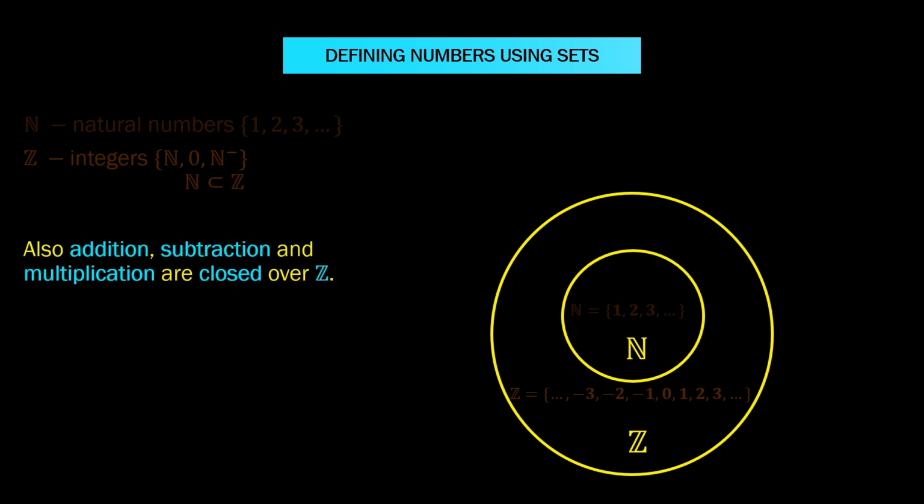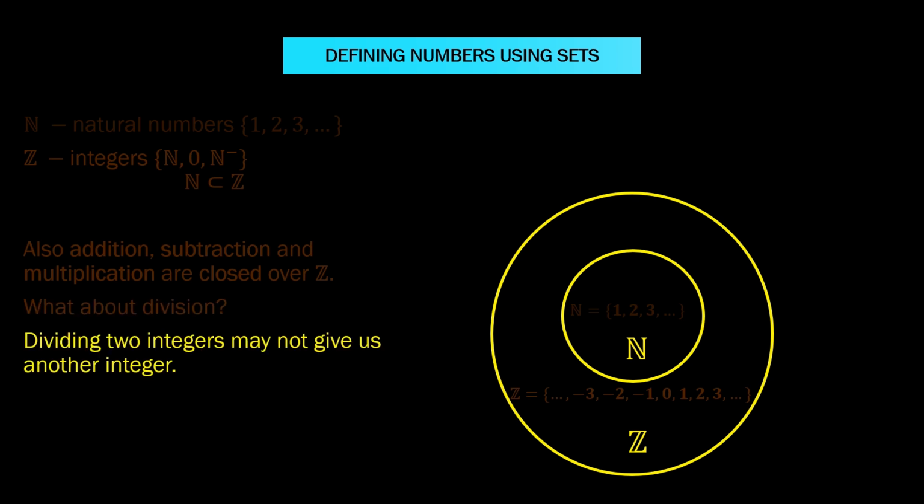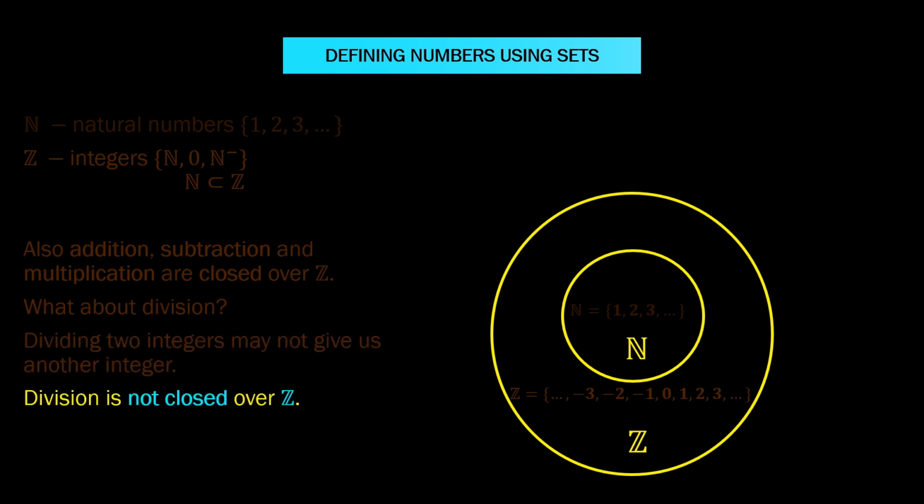We also have that addition, subtraction, and multiplication are all closed over the integers. However, what about division? Dividing two integers may not give us another integer. So division is not closed over the integers.